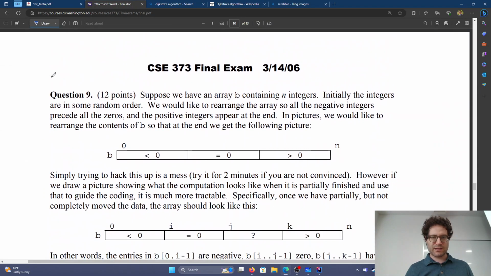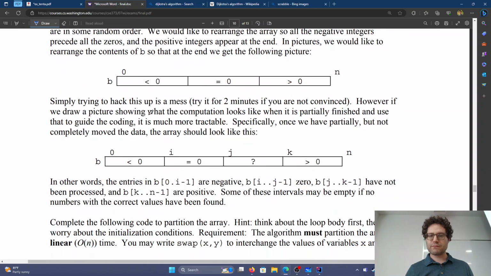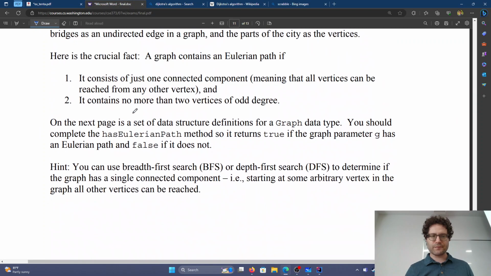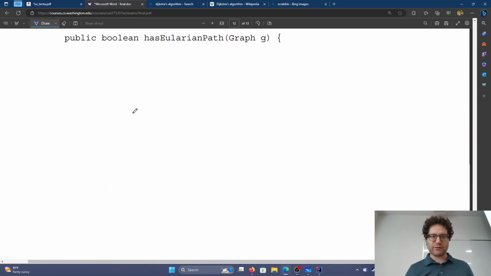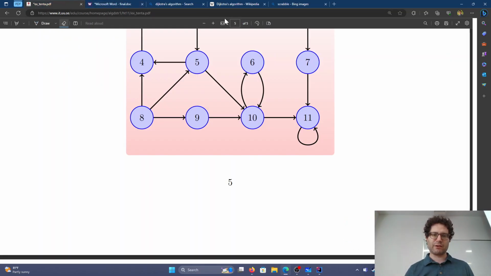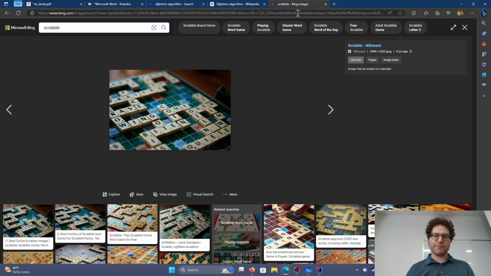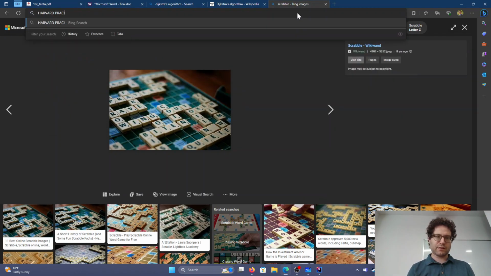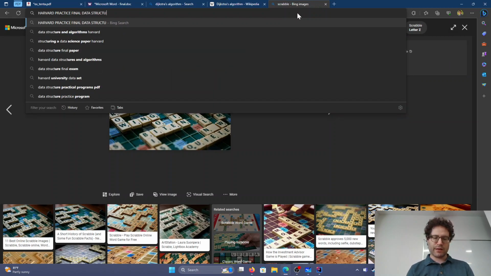Let's see, this one is... So now, let's see what else we have. Eulerian path, which is not something we went over. So let me go ahead and look up Harvard practice final data structures. They normally have a very good one.